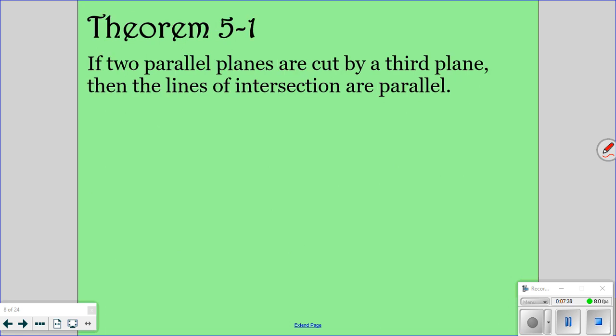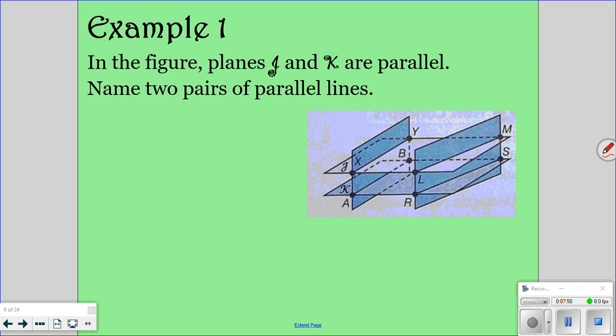All right, so theorem 5.1. If two parallel planes are cut by a third plane, then the lines of intersection are parallel. So looking here, in the figure, planes J and K are parallel. Name two pairs of parallel lines. So the planes J and K are the ones that are horizontal. The lines that we know have to be parallel are going to be on one plane.